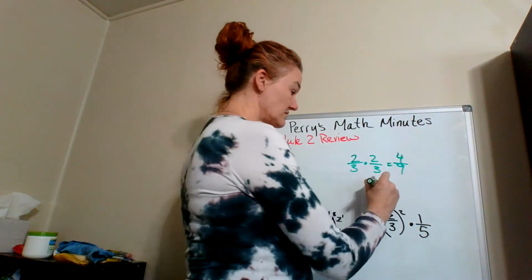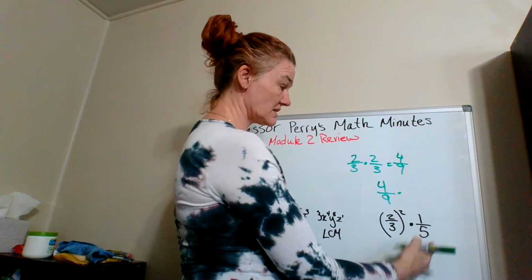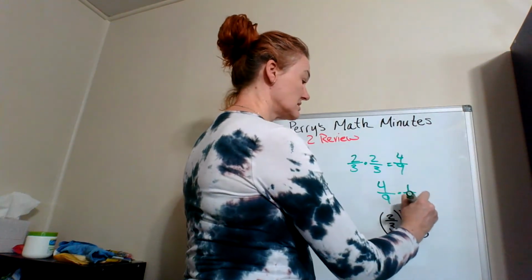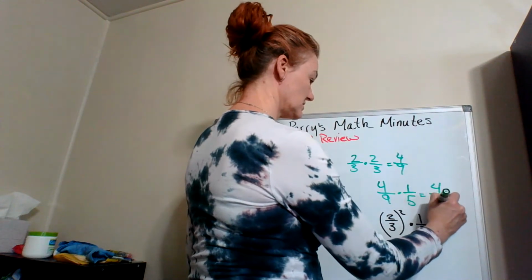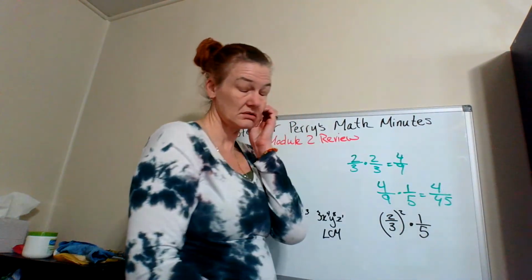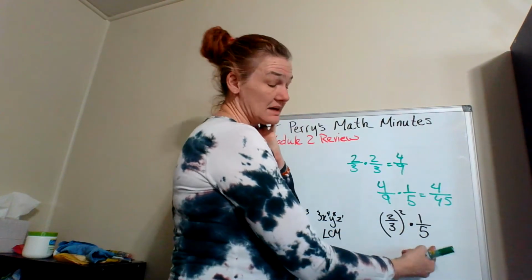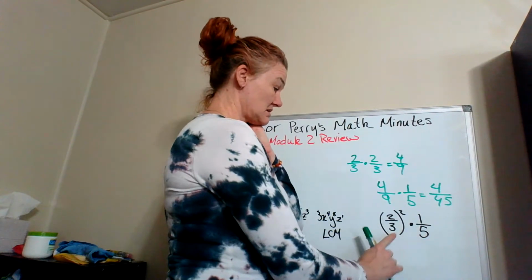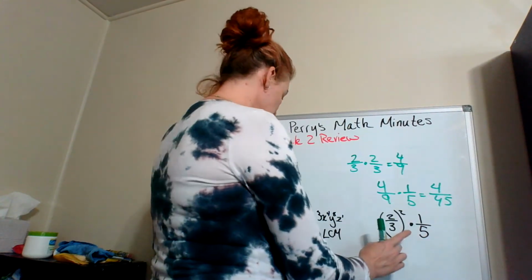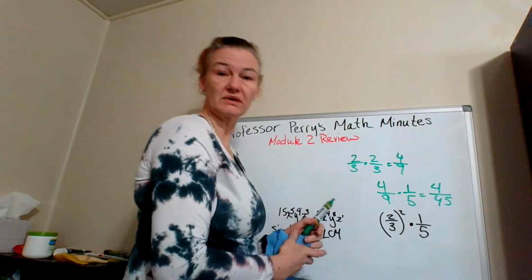Then you have to take the 4/9 times the 1/5 that you have right here to get your final answer for 45. Okay? Multiply this times itself, and then times or plus or whatever is over here. Not times 2. Times itself. Sorry, this is quick. I'm trying to get a quick review in here.